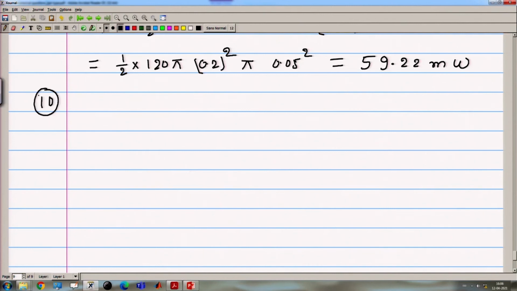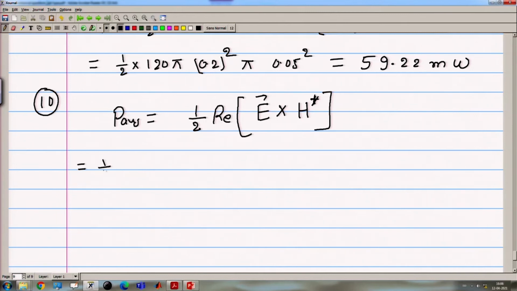Time average Poynting vector, that is the average power, is equal to 1 by 2 real part of E cross H star. Now E is given as a_x plus j a_y.